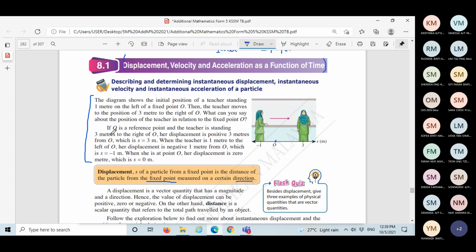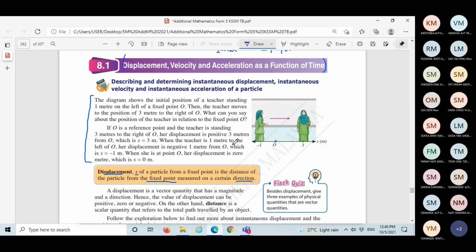The teacher is standing 3 meters to the right of O, so her displacement is positive 3 meters from O. If on the right hand side, the displacement will be positive; on the left hand side, the displacement will be negative. So S is equal to 3 meters, where S is the displacement.